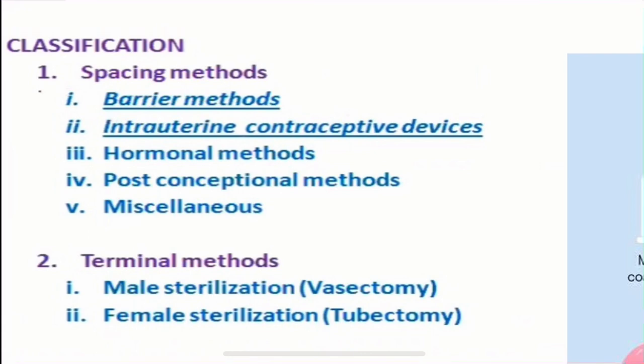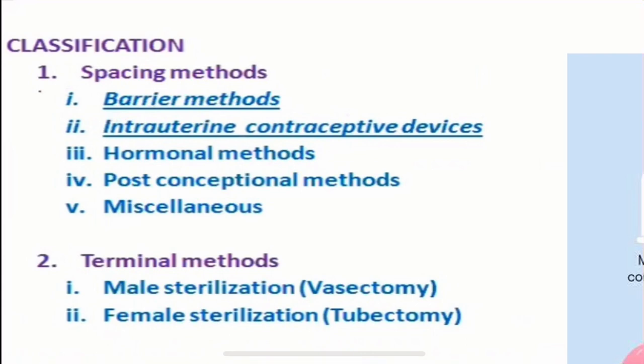Terminal methods are permanent, irreversible methods, usually followed by couples who have completed their desired family size. Once their family size is complete, they go for permanent sterilization.